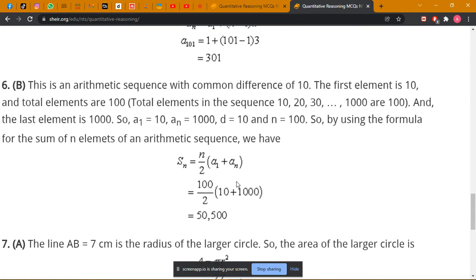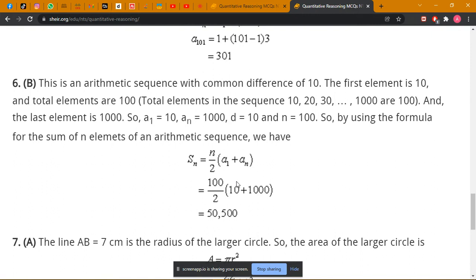As you can see in the explanation, when we move from 10 to 1000, there are 100 terms. So we put 100 over here and divide by 2. That is the formula, and a1 plus an means the first term is 10 and the last term is 1000. So we put 10 plus 1000, and the answer is 50,500.